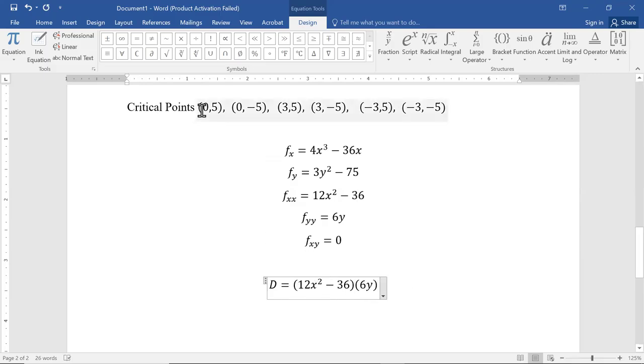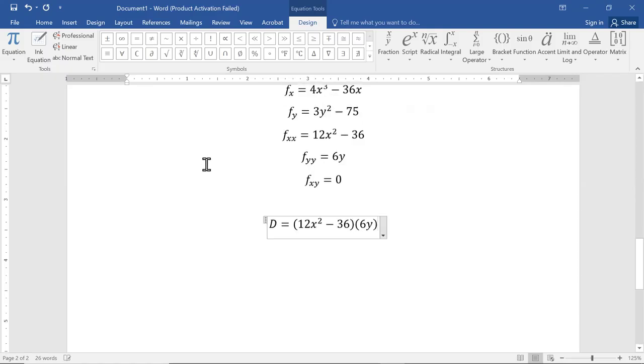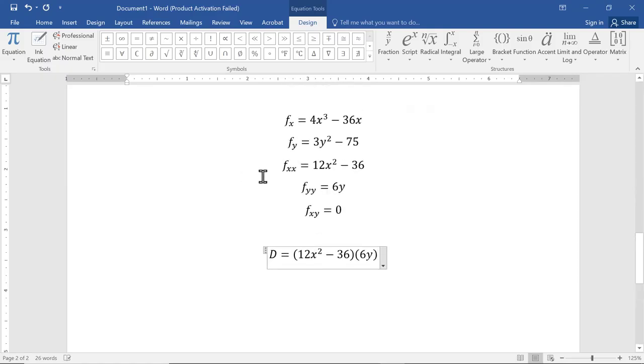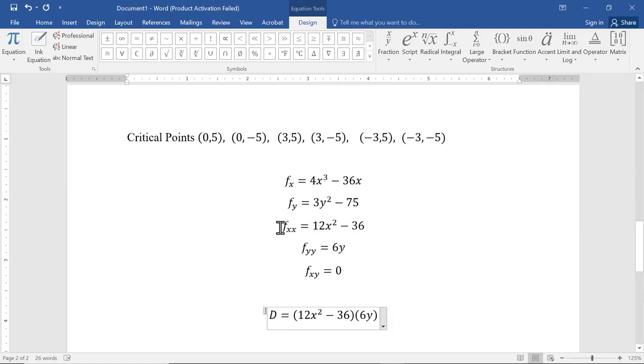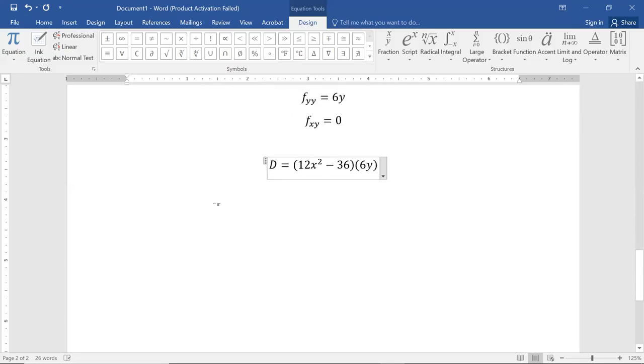Now I have to check that for every single point. I need to find d, and if d is positive, then I'll also have to find f sub xx at the point. So we're going to do that 6 different times.